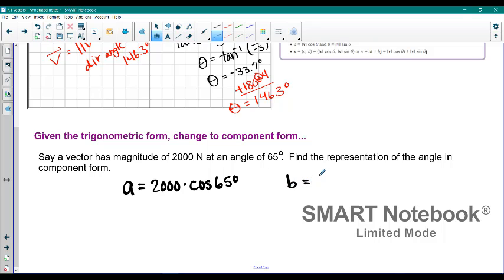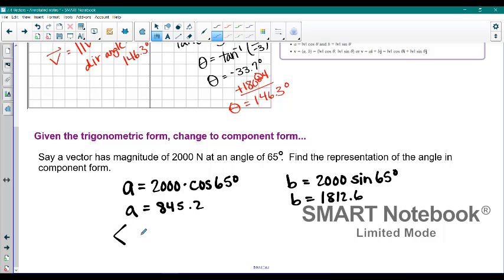Our B will be the magnitude times the sine of 65 degrees. So for A, we get 845.2, and for B, we get 1812.6.